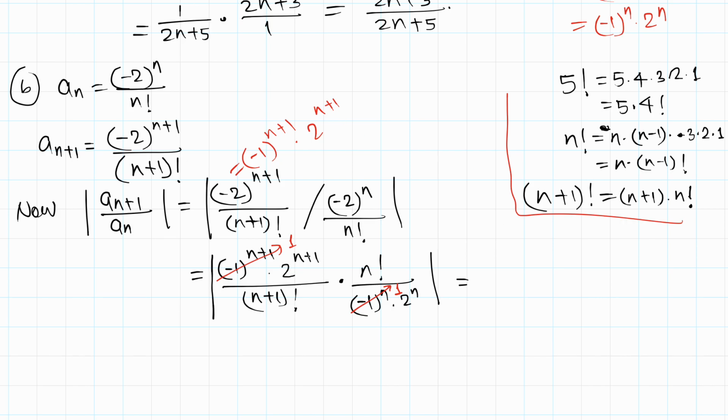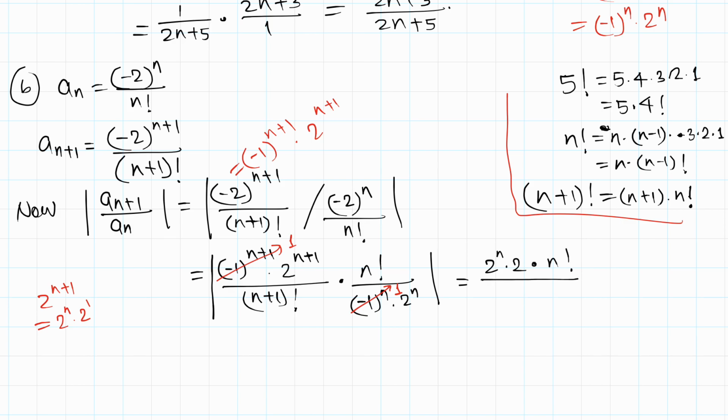So this 2 to the n plus 1 is 2 to the n here, so we can simplify in this way. 2 to the n plus 1 is, in fact, we can factor 2 raised to n times 2 raised to 1. So this one is 2 to the n times 2 raised to 1. I need to write times n factorial on the top.